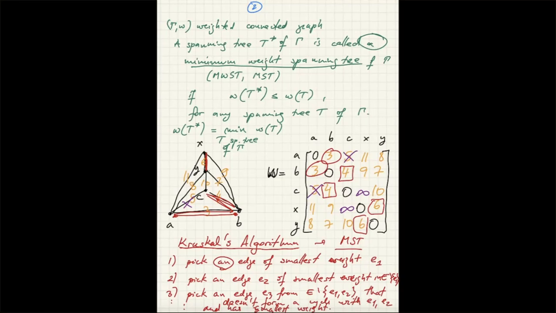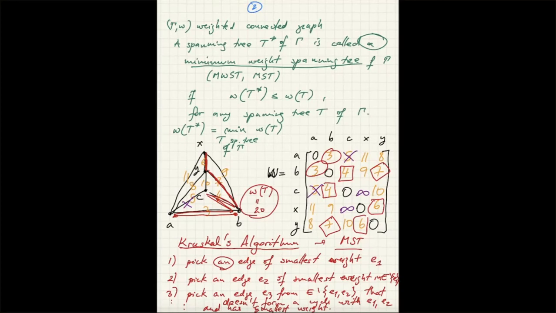The last one has weight 7, and is this edge between B and Y. And so we get a tree whose weight is 3 plus 4 plus 6 plus 7, which is 20. We'll prove in a second that this is actually a minimum weight spanning tree. In this situation, it's unique, but that may not be the case in general.